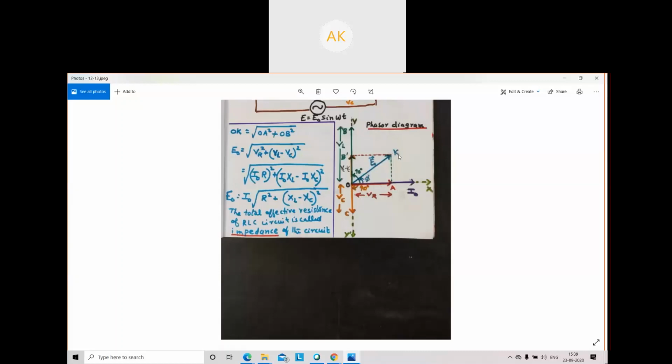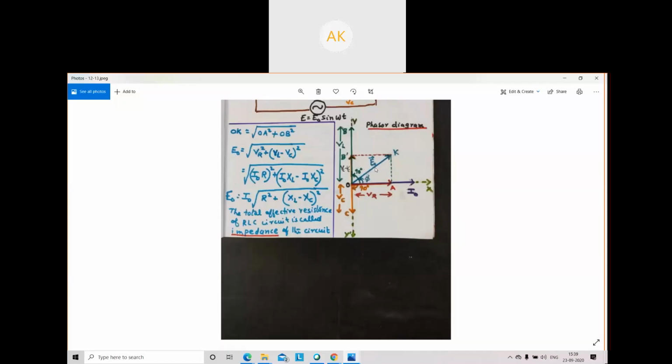Complete the parallelogram with VL minus VC as one side and VR as the other side, both starting from the same point O. Complete the parallelogram with dotted lines and draw the diagonal from the point O. That will give the resultant voltage E0, which is given by the vector OK.